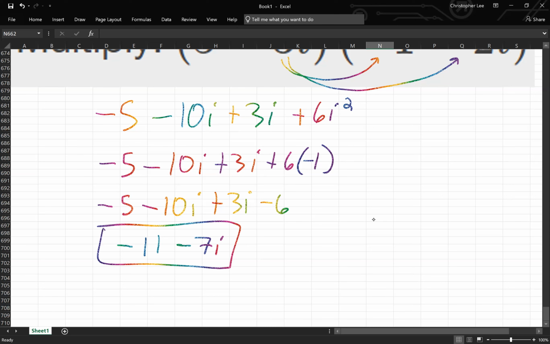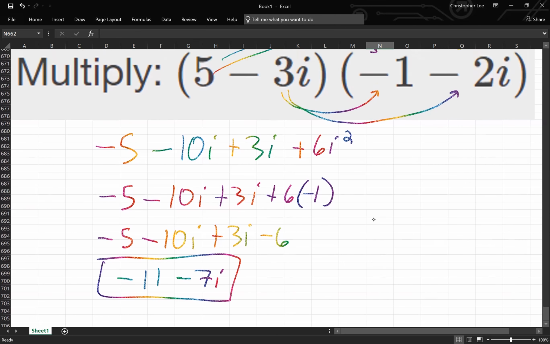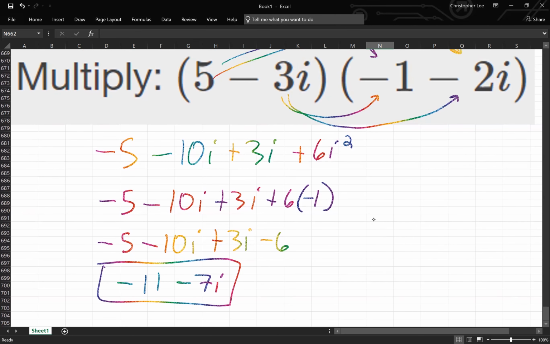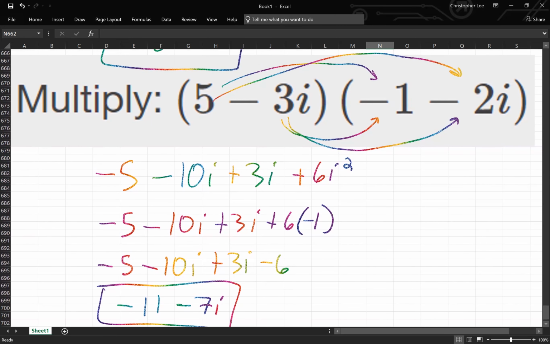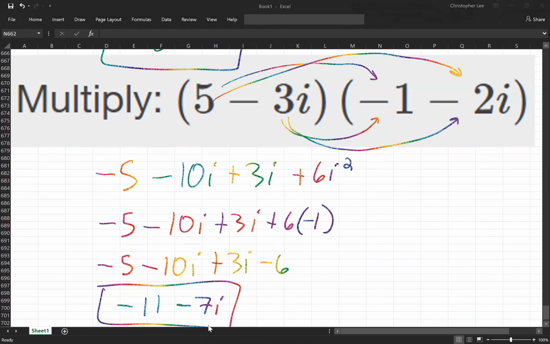I just put 6i as plus 6i, because I was negative. Got you. You just plug it in and that's it. Negative 1. Yeah, in the end.